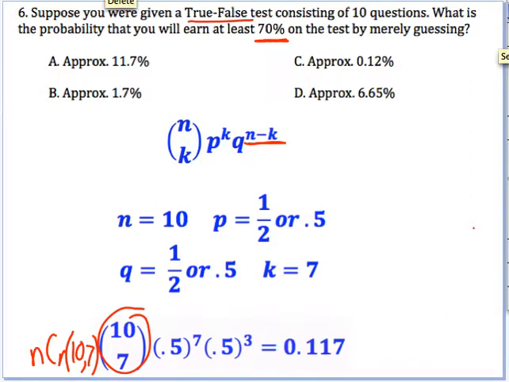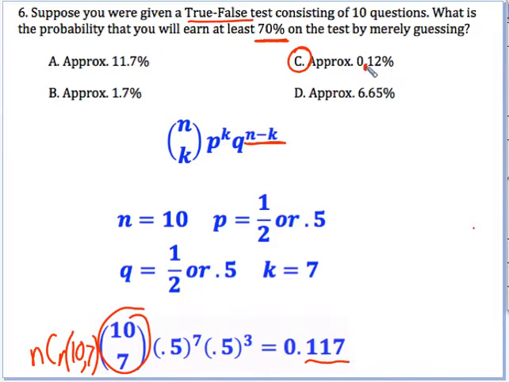When I do that, I get the answer 0.117. Notice these are all percents, and some of you might say, hey, this is the right answer because 0.117 rounded would be 0.12.